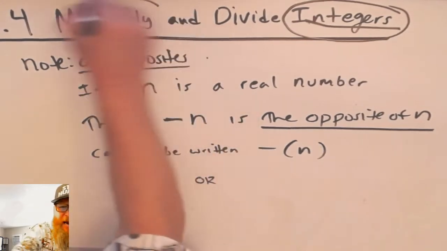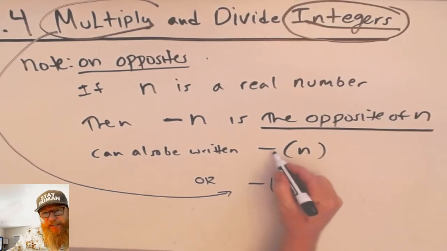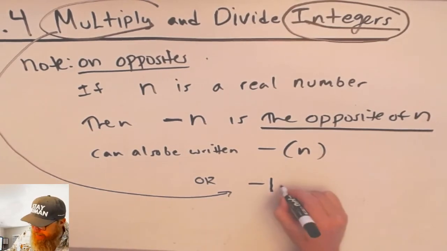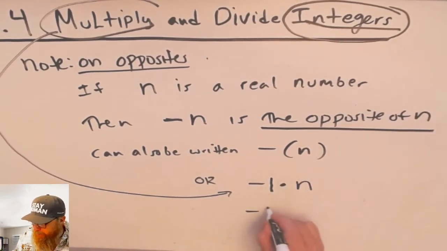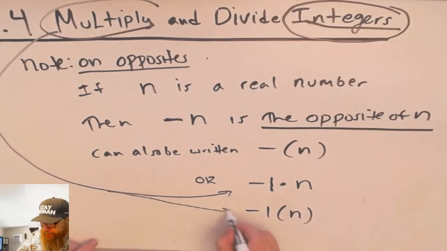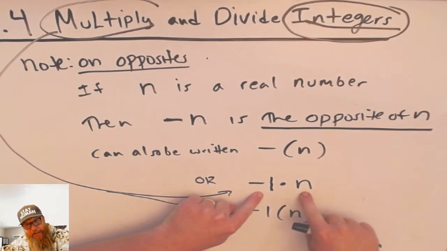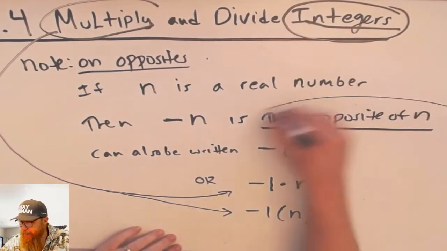Or, now that we have multiplication, you can think of this negative sign as a -1 multiplied by n. So -1 times n is the opposite of n.